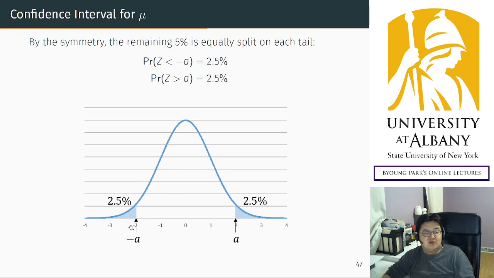Therefore, the cumulative probability up to minus A equals 2.5%, right? Or you may use the other way. So A is the top 2.5% value. So both are correct statements. You may use cumulative probability or the top certain percentage value, whichever is convenient. Anyhow, you have to get the answer.